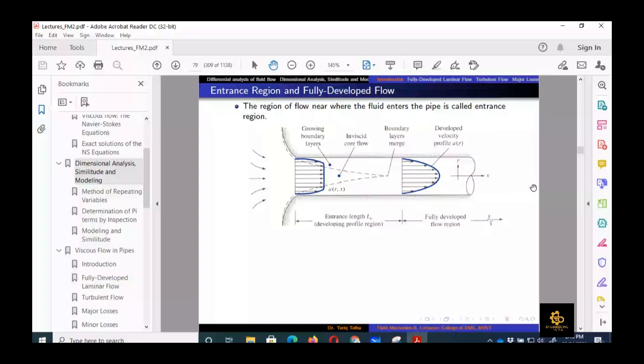The entrance region is where the flow velocity is changing and the boundary layer is growing. Once they merge at the center line, there is no further growth of the boundary layer. That length is called the entrance length. So the velocity of fluid changes in the flow direction along a streamline in the entrance developing region.